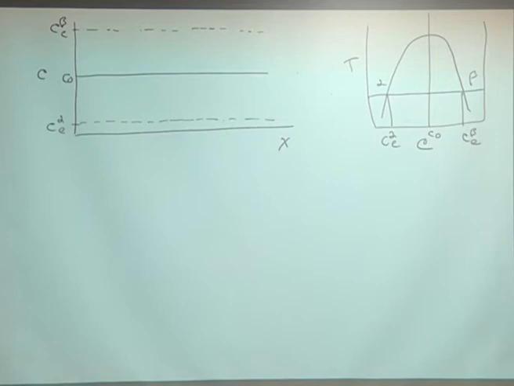We start with a small fluctuation, and this fluctuation is going to start at some small amplitude, and it's going to grow exponentially, and it's going to have the wavelength of the fluctuation with the maximum growth rate.